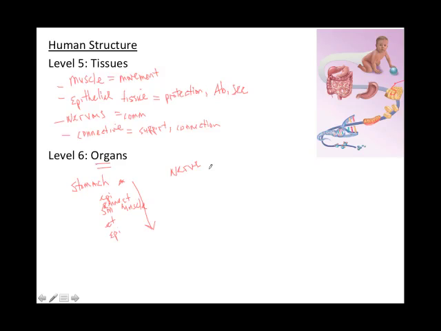And this is basically how every organ is made up: different tissues that are grouped together, bound together, connected together to create that particular organ. And even though individually these tissues all have different functions, they work together to create the overall function of this particular organ. And the function of the stomach is digestion.